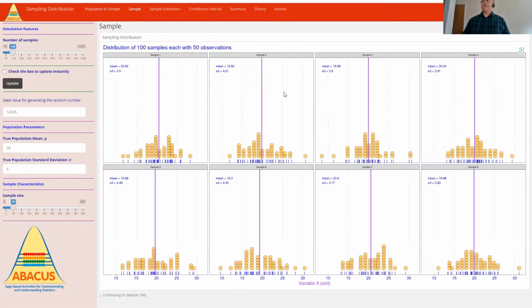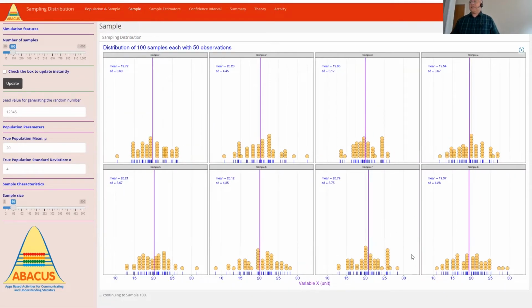Here it is capturing the first 8 samples, but of course there are all 100 out there, which are not presented here. The first one is 19.72, the second is 20.23, then 19.95, and so on. So you can see that there's uncertainty in each of the samplings, and uncertainty in those sample mean estimates, happening quite clearly.